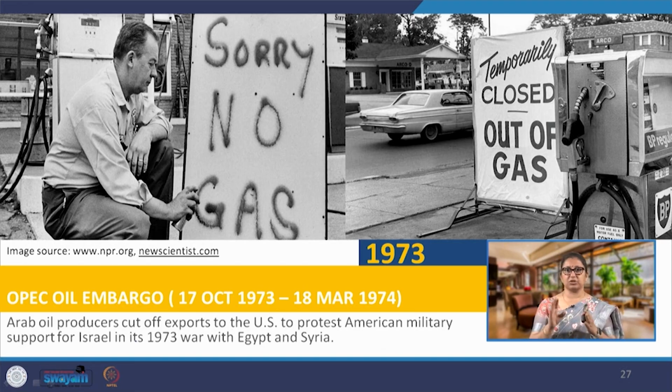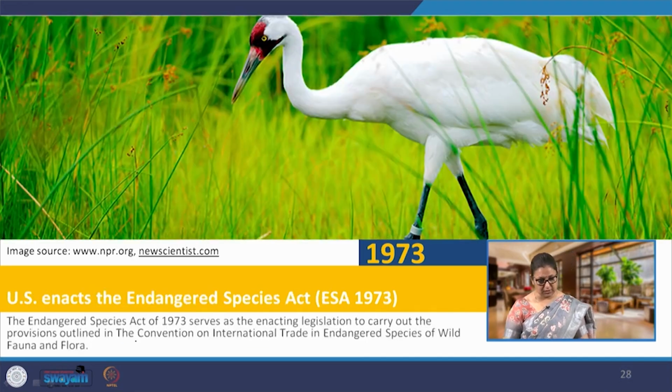If you look at research papers, you would find that around 1975 to the 1990s a lot of research happened in this area. So, both supply and demand were triggered by this oil embargo, when the oil producing nations refused to sell their oil to America and some countries in Europe.